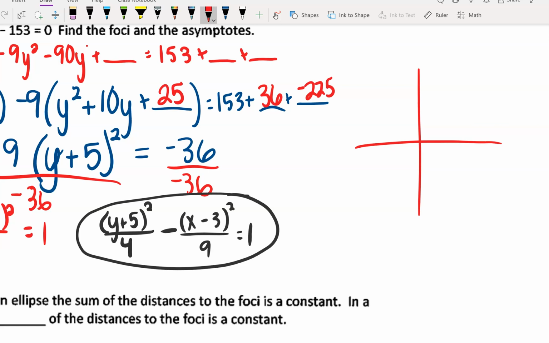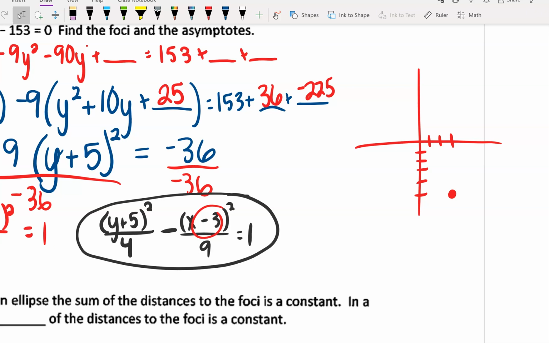We know the center is going to be (h, k), so it's opposite of negative 3 is 3, and opposite of 5 is negative 5. So 3, negative 5 is the vertex, or sorry, not the vertex, the center. This is vertical. Everything's going to be going kind of up and down from there.